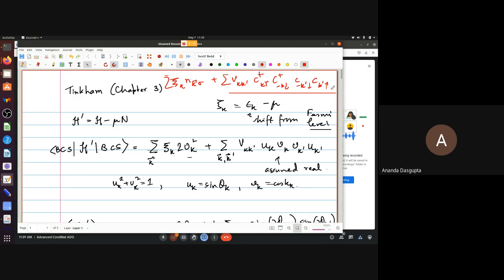Remember, what we have done in the BCS is that we have adopted the variational approach. That is, we have assumed an ansatz for the wave function, a physically reasonable ansatz based on the fact that Cooper pair formation should lower the energy. And within that ansatz wave function, we have found the parameters which optimize the expectation value of this quantity.